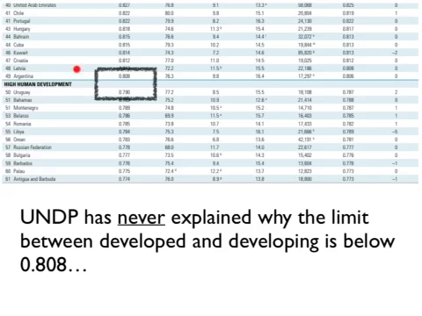My question is, why is Uruguay considered developing and why is Argentina still considered developed? The UNDP has never explained that limit here, that threshold. What makes it such a big difference when number-wise the difference is very limited?